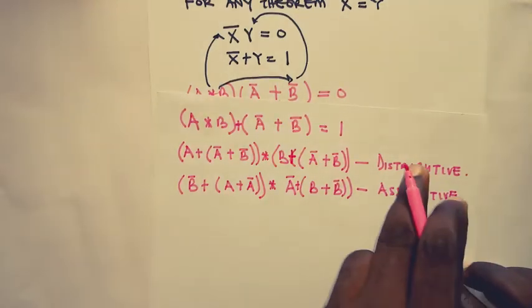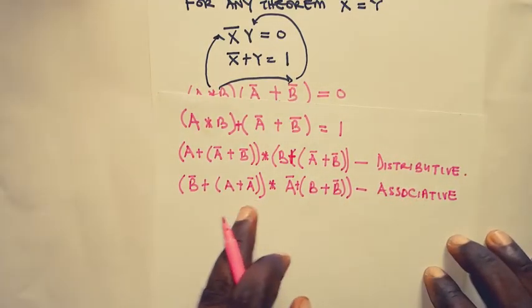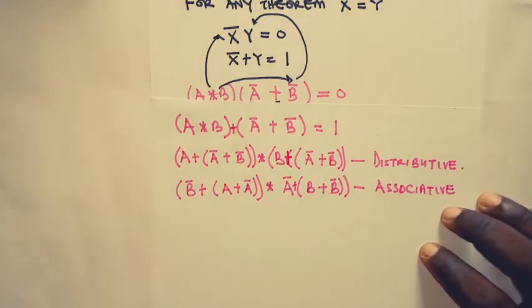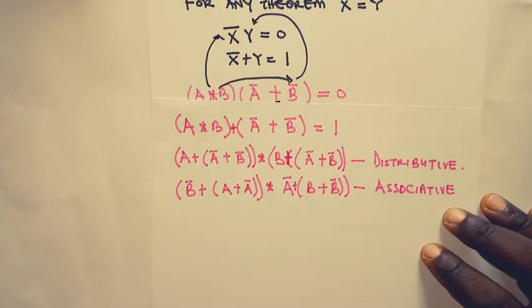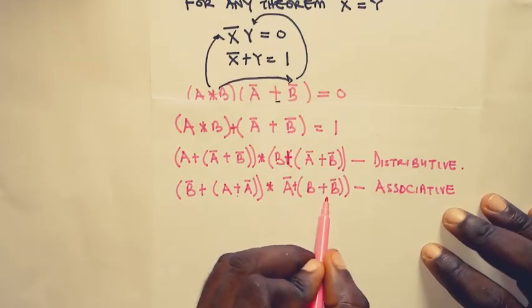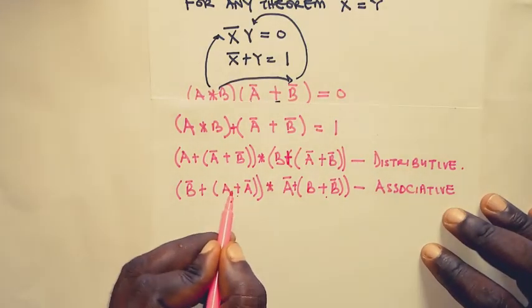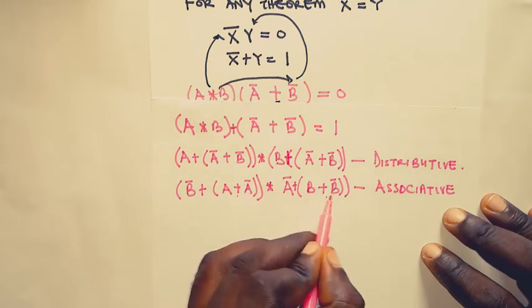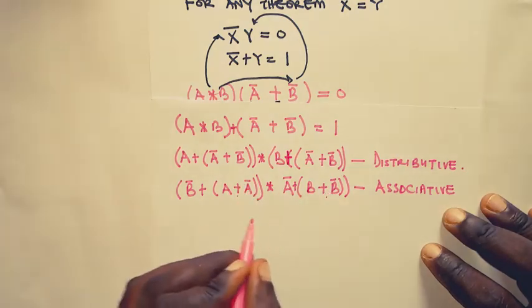It is important to state the law you are applying for easy understanding. And then we can apply the complement law. Remember, the complement law can apply to these terms in parentheses because this is addition of the additive inverse of both elements, and that is going to give us 1.